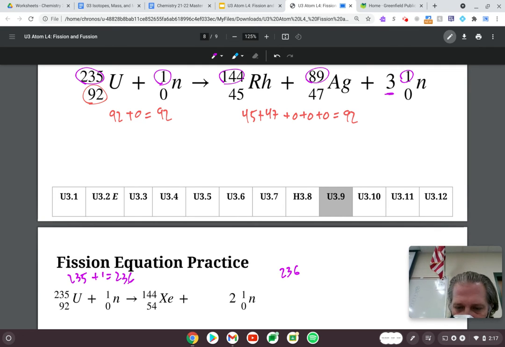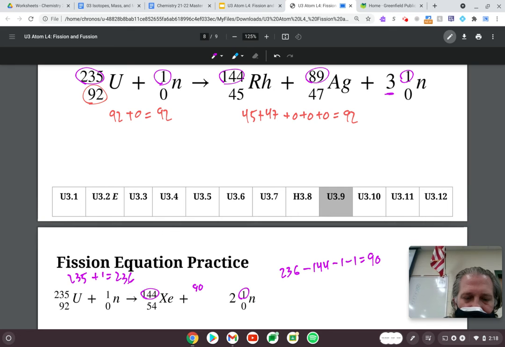So I'm going to take 236 minus 144 minus 2 minus 1 minus 1. So 236 minus 144 minus 1 minus 1 gives me 90. So my missing mass number here is going to be 90.